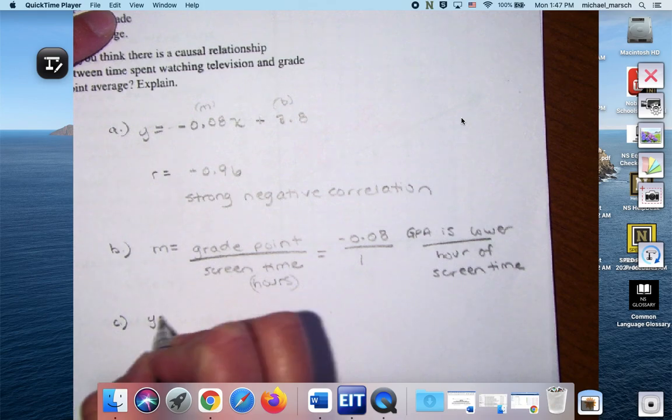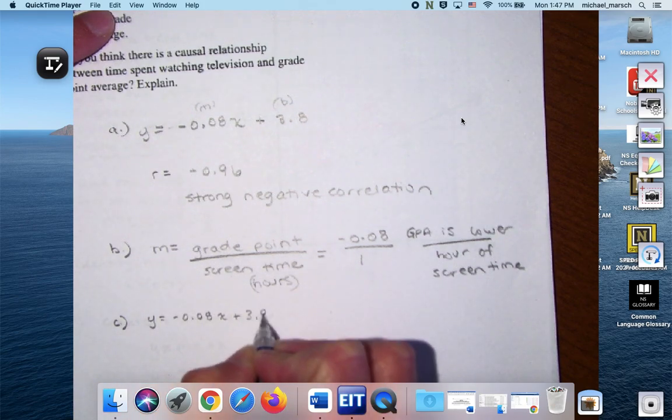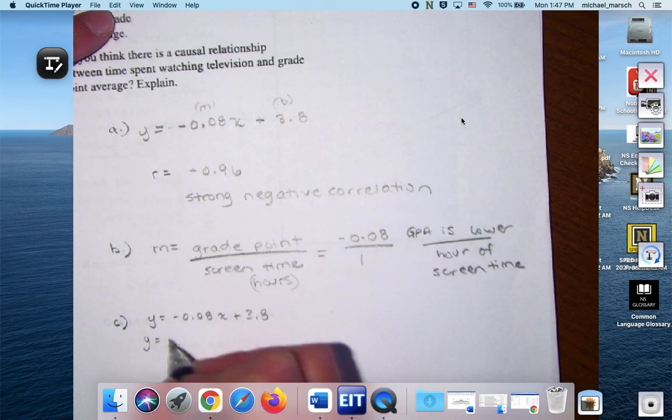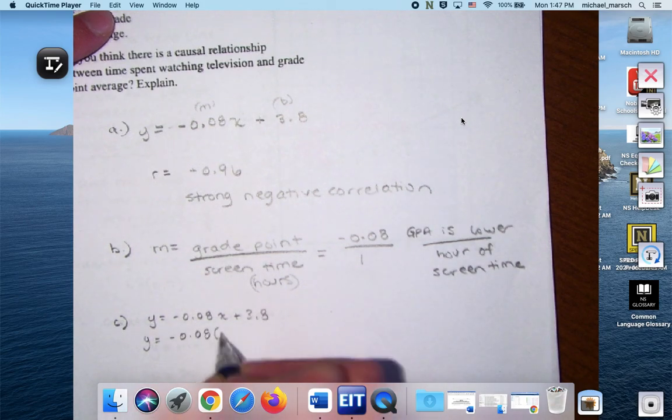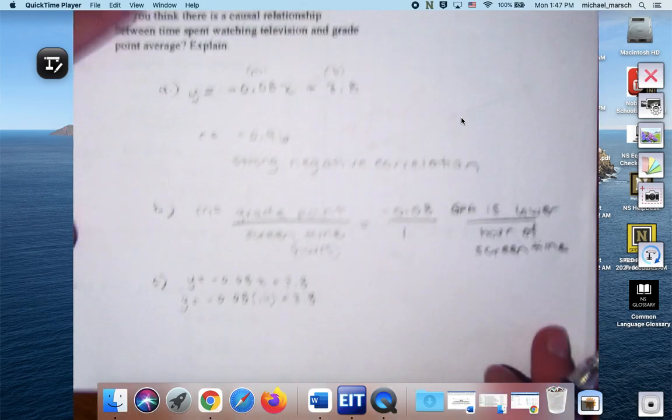Okay, so we have y equals negative 0.08x plus 3.8. y equals negative 0.08 times 14 plus 3.8.